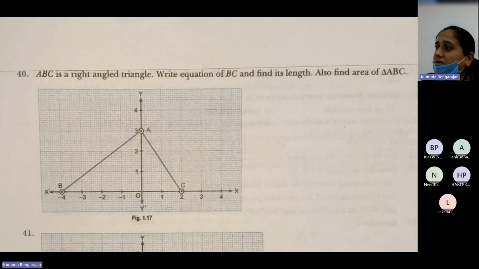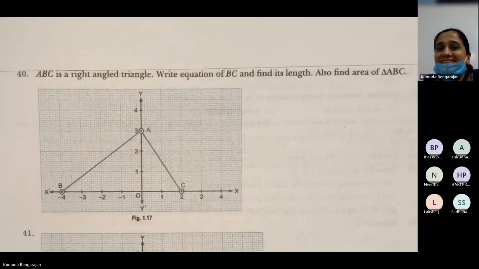You just say what you've written. Write the equation of BC. Yeah, online students. What is the equation of BC?